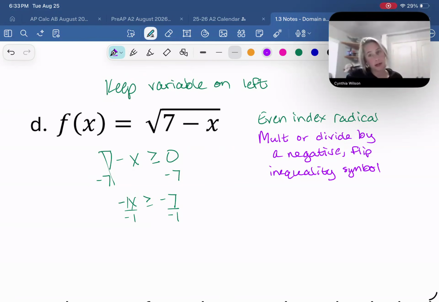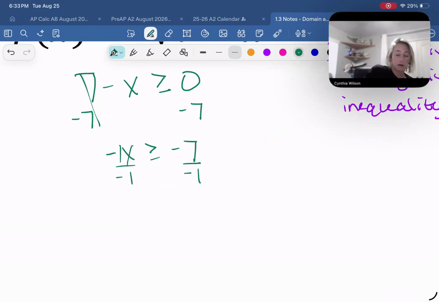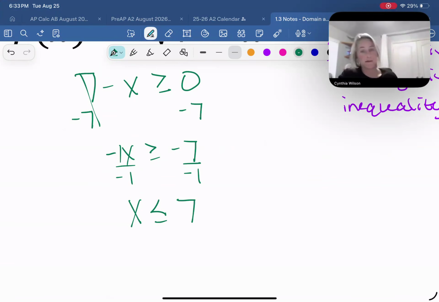Only with multiplication and division. All right, I am dividing by a -1. So what was a greater than or equal to is now less than or equal to. And then -7 divided by -1 is 7.